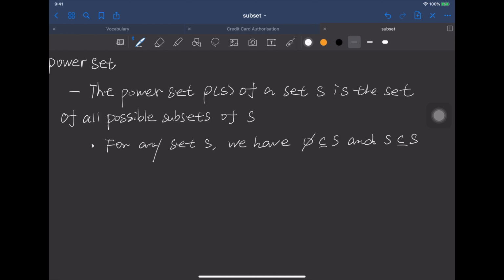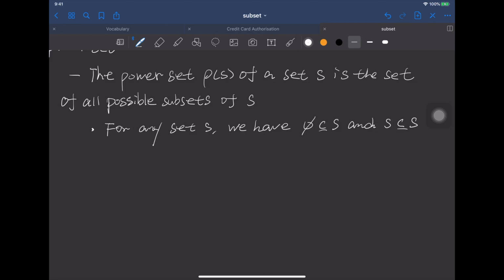S is a subset of S, and the empty set is a subset of S. Then when we find the power set of this set, the empty set becomes an element of our power set, and S itself is an element of our power set.